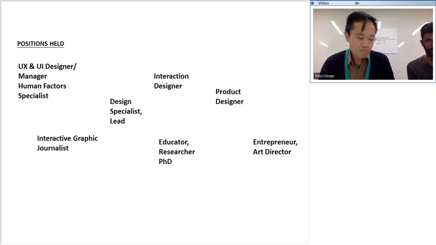But of course, the first thing they need is a passion, interest, or sensitivity towards design. I think this is for sure, because this is the reason why they come to study design or apply for a design master's degree. So the first thing is they are interested in design.